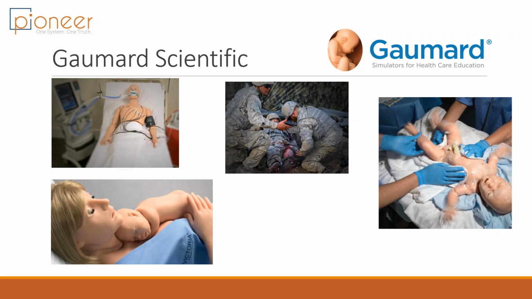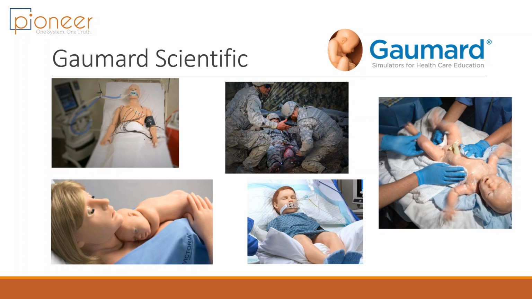One of our most popular products is Victoria. She's a birthing simulator, guys. She gives birth to another mannequin. It's crazy. And we also have a pediatric, one of our newest simulators. He has a bunch of really cool features, like he follows you with his eyes, a little creepy, but he does a lot of really cool things for the medical industry.